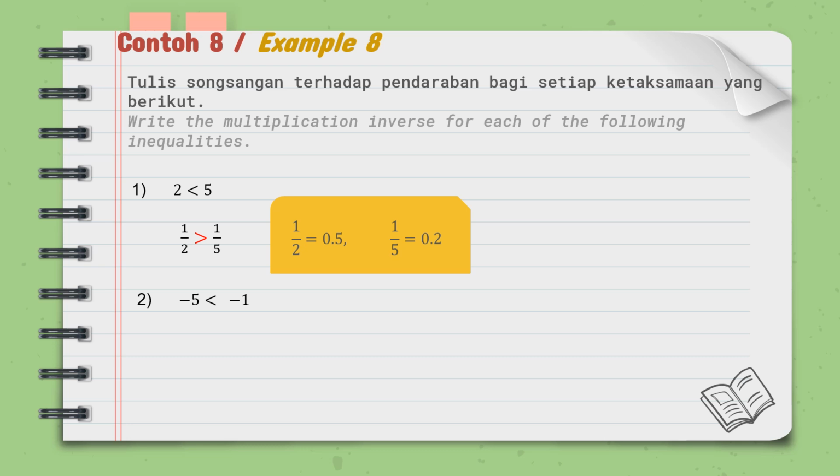You do the reciprocal on both sides, so you have negative 1 over 5 greater than negative 1. Why negative 1? Because the reciprocal of negative 1 is 1 over negative 1, which equals negative 1. Then we check: negative 1 over 5 equals negative 0.2, so negative 0.2 must be greater than negative 1.